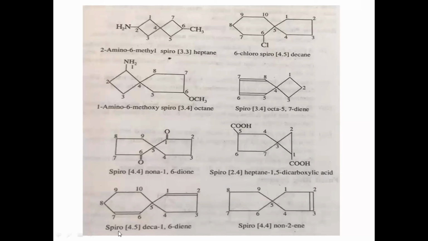So you will name it as Spiro. The smaller one contains 4 carbon atoms, the larger one contains 5 carbon atoms. So you will name it as Spiro 4.5 deca-1,6-diene. And the next one also, the Spiro 4.4 nona-diene.